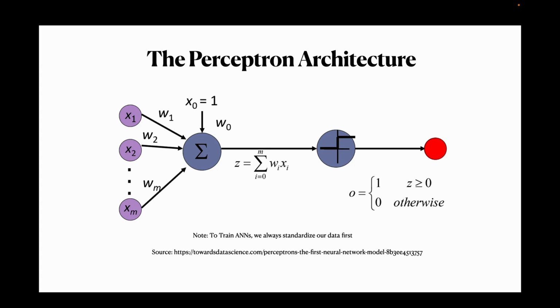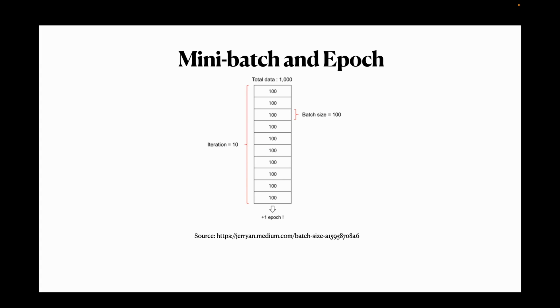You just pass that Z through that. So in order to train an algorithm, you usually do not pass all of the data at the same time and then update the weights. You usually divide your data into very, very small chunks. We call them batches. So let's say for this one, we have 10 batches of 100 observations. That will encompass all of the training data that you have.